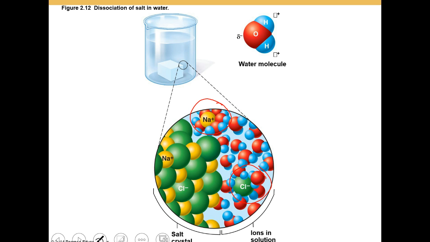But if you look at the chloride, then the partially positive hydrogens, and this delta should be delta positive, that means a partial positive charge, they're attracted to the negatively charged chlorides. It surrounds them, it forms what we call a hydration sphere, and separates them out. So this is how you dissociate an ionically bonded compound in water.